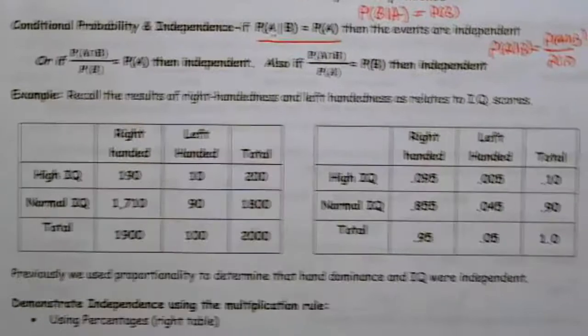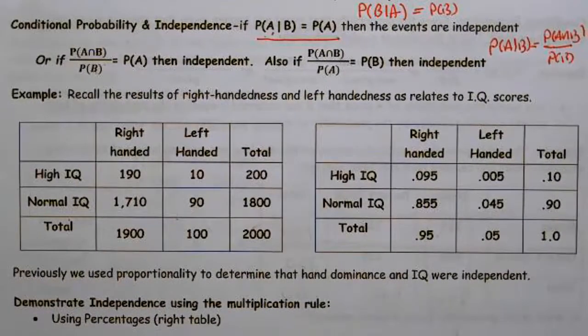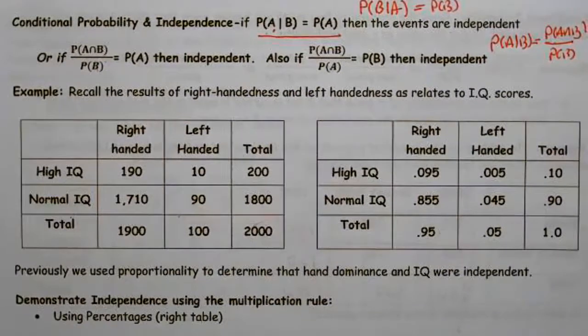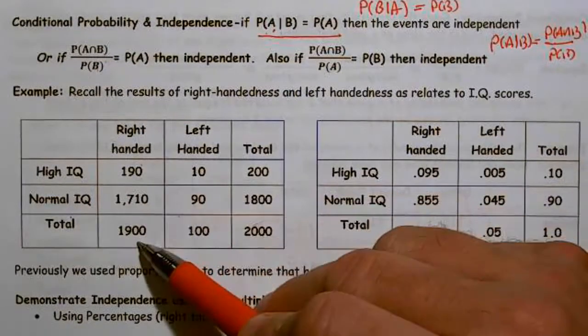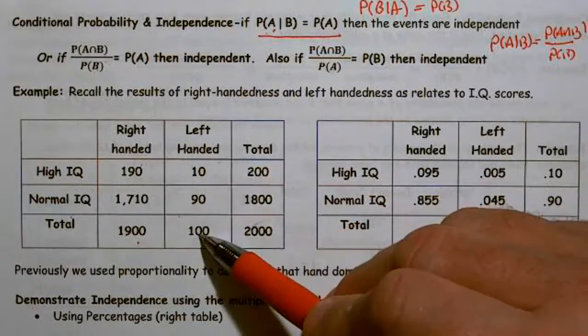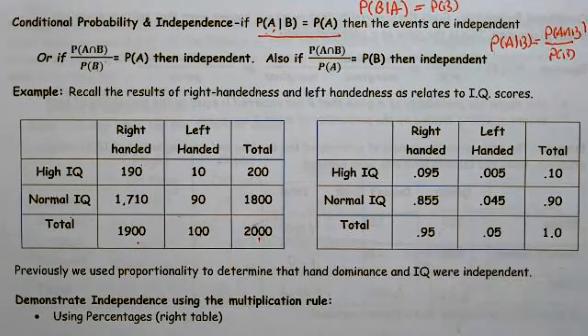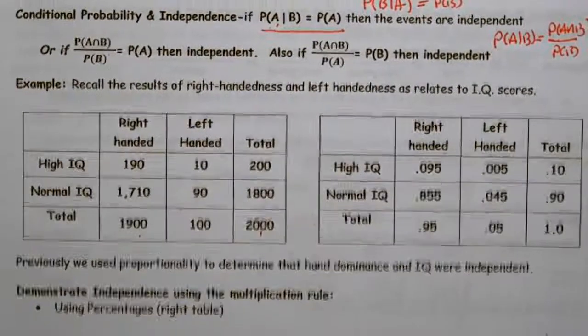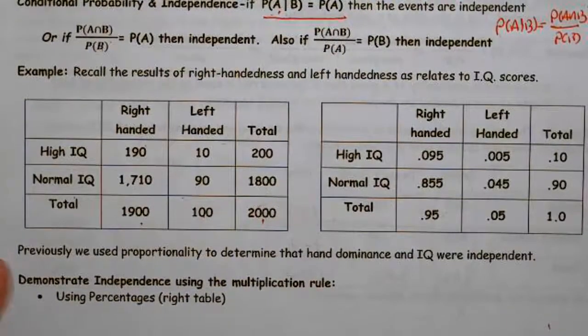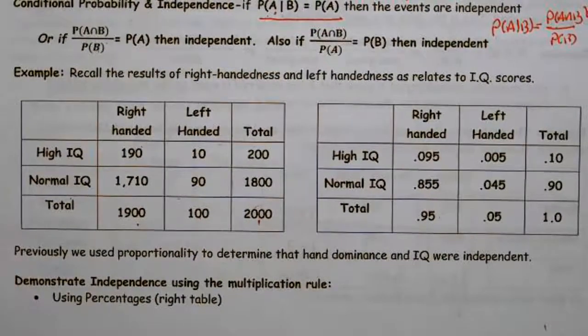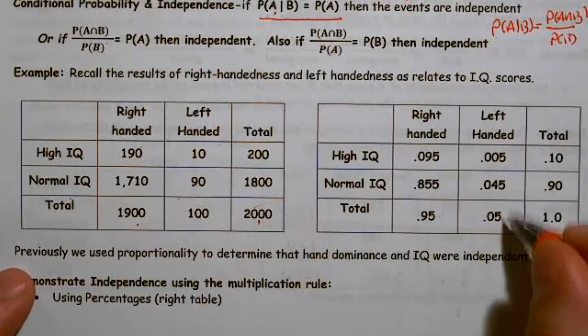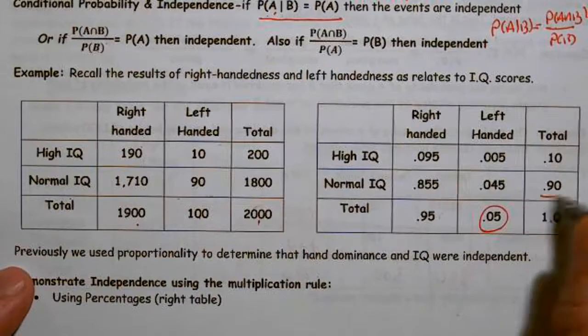So we previously talked about independence and proportionality, when we did this with the right-handed and left-handed scenario, and we said that they were all proportional because 190 over 1900 is 10%, 10 over 100 is 10%, 200 over 2000 is 10%. Because they had the same proportions, we said these are independent. So let's demonstrate this using the multiplication rule, starting off using percentages. I could have chosen any group, but I'm going to choose left-handed and normal IQ.